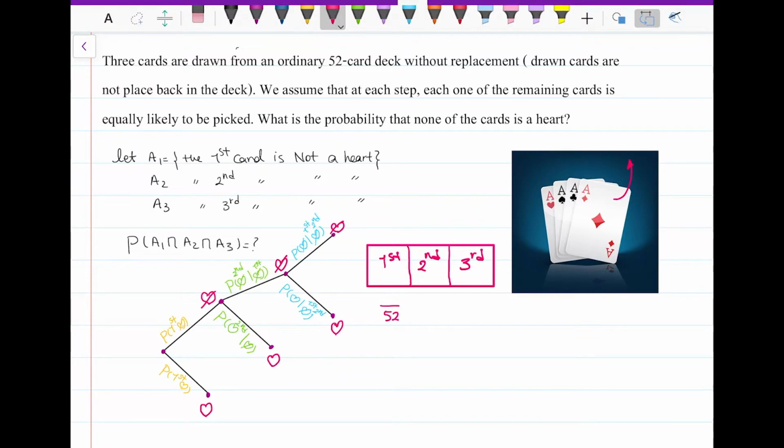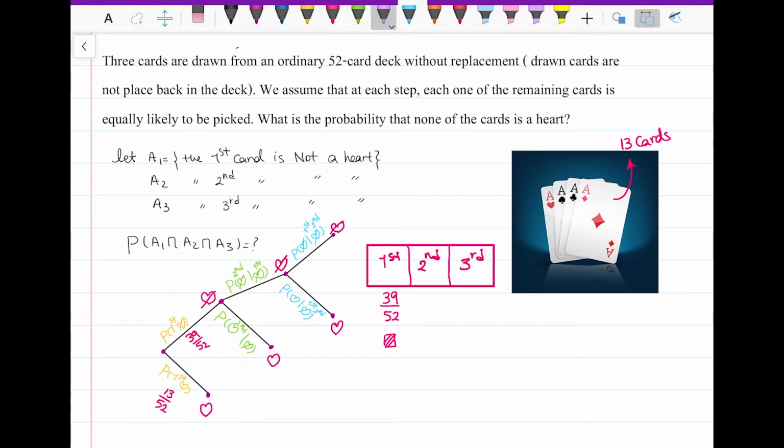Since I have 13 cards in each of these categories, I have 39 choices for the first one that is not a heart. So I draw one card with 39 over 52. And the probability that the first card is a heart would be 13 over 52, which is 1 minus that.